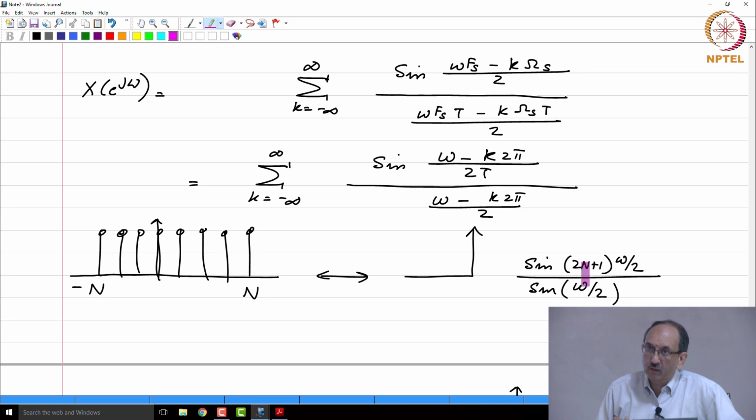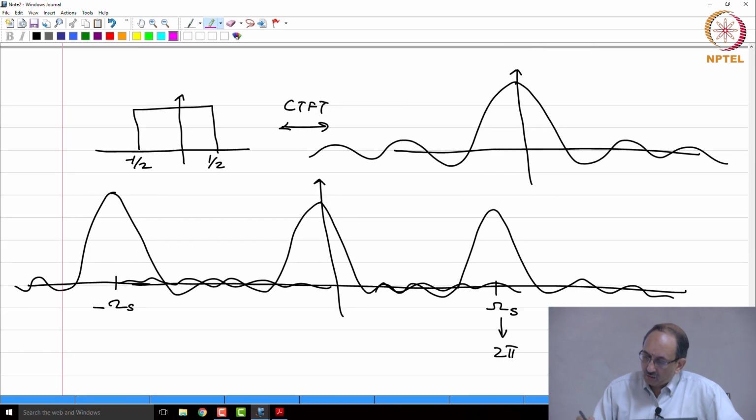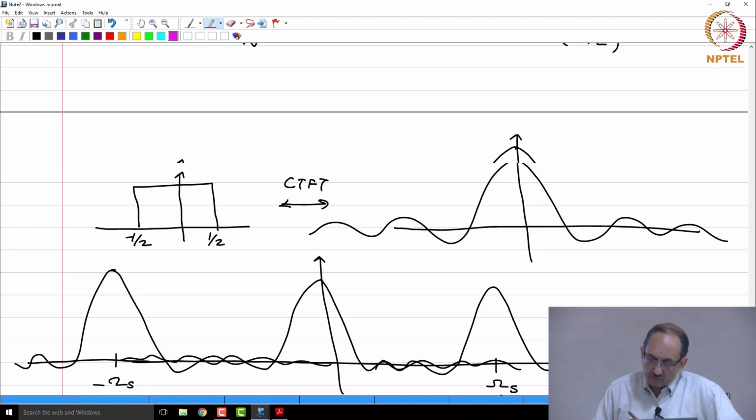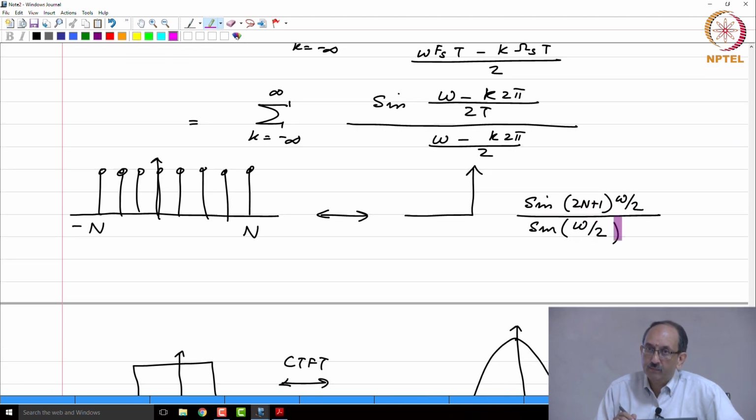So, this is the Dirichlet kernel, which is 2 pi periodic, and you can think of that as taking the underlying analog sinc, namely sine omega by 2 by omega by 2, periodically repeating it and then adding it up. If you add all these copies, you will get the 2 pi periodic Dirichlet kernel. So, that is the connection between the aperiodic sinc and the Dirichlet kernel. This is nothing but the earliest version of the analog sinc.